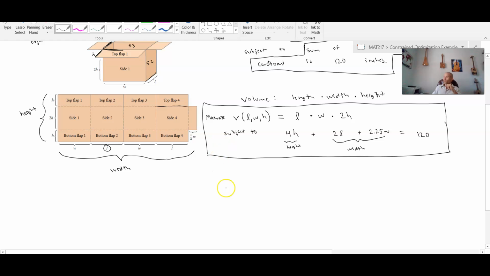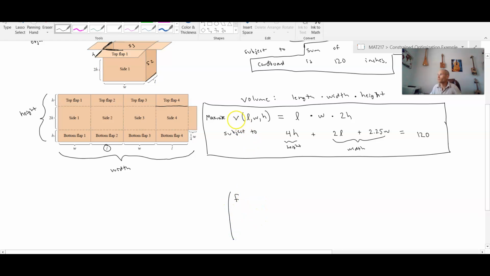So what we need to do is, in our first set of equations, we need to ensure that the partial derivatives of our objective function.